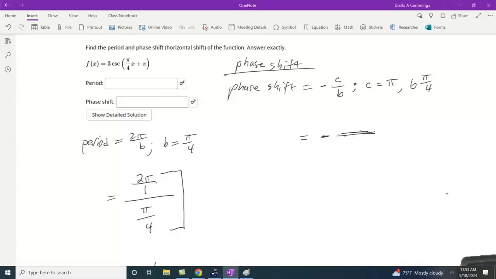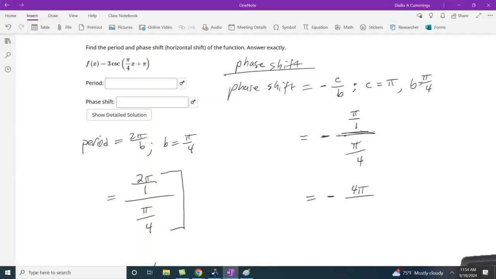In the numerator, I have c, so I'm going to write pi as pi over 1. In the denominator, b is going to be equal to pi over 4. So if I multiply the very top and the very bottom, I get 4 pi.